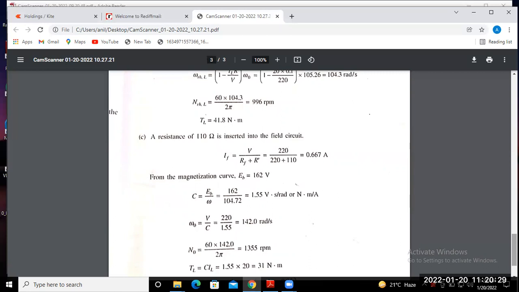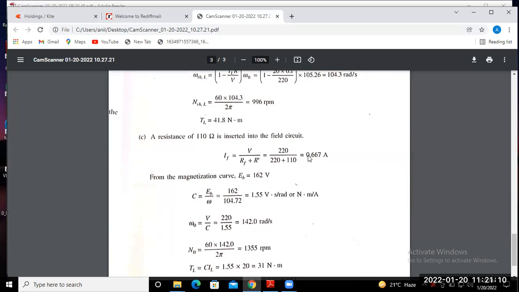No external resistance is connected in the armature circuit, so whatever armature resistance is given in your problem remains here, that means 0.05. The external resistance is put here in part C in the field winding, so the armature resistance does not change, whatever is given in the problem, that means 0.05. Okay, so 1 minus 20 into 0.05 by 220 into omega 0, that means 142.